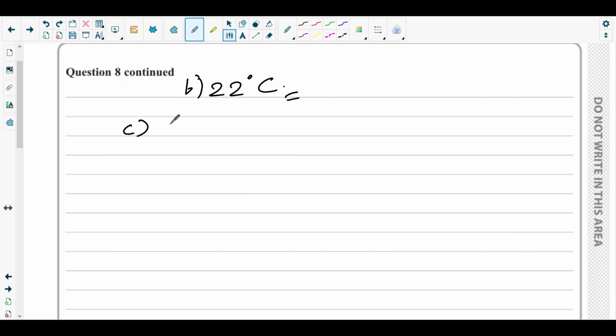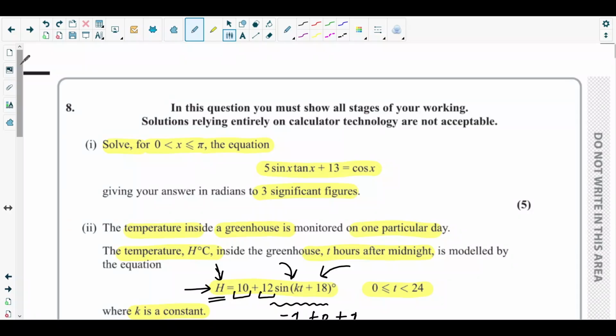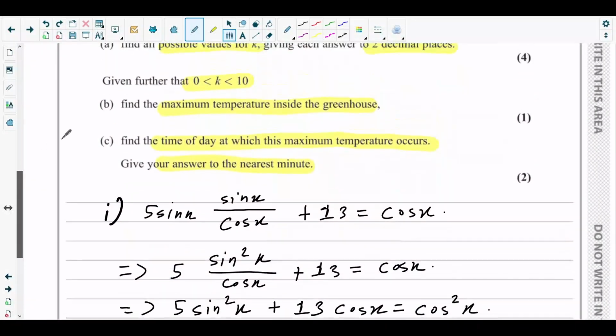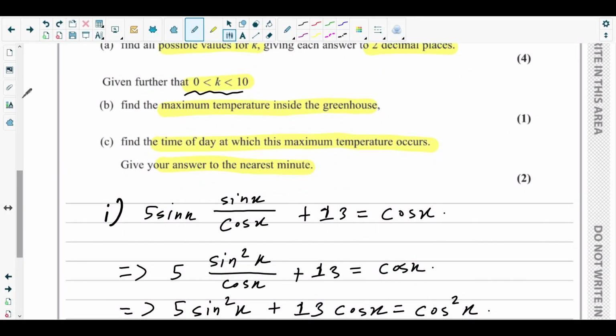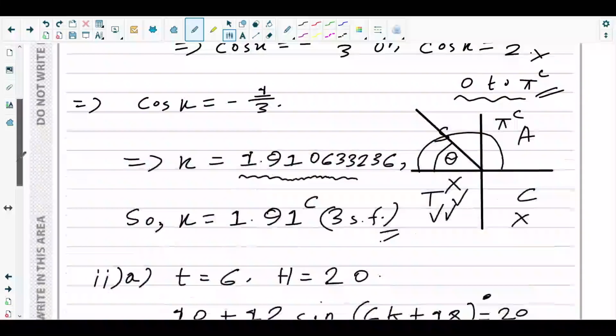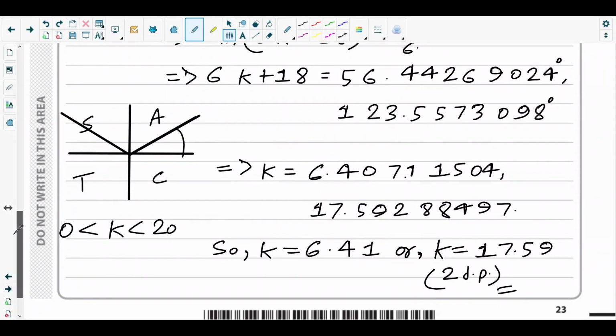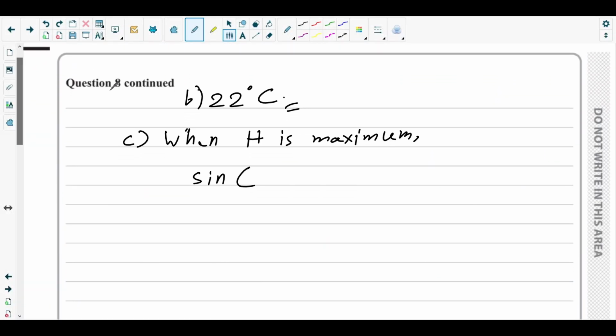So for part C, when h is maximum, for the value of k, we will consider the value of k that is between 0 and 10, because the question said it is from 0 to 10. So this is 6.41, if I'm not wrong. Yes, 6.41.